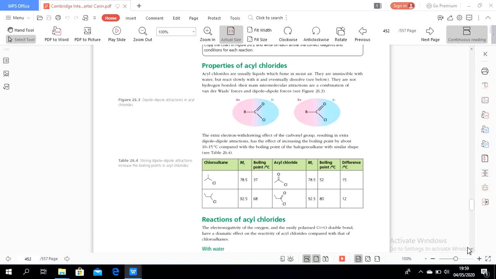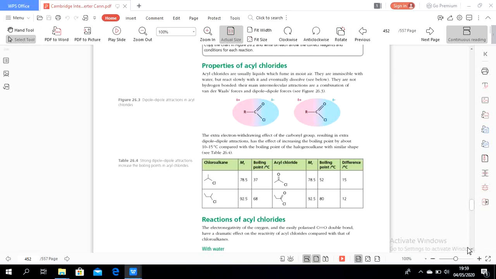They are immiscible with water. If it is immiscible, it means it is non-polar, but it reacts slowly with water and eventually dissolves. So in the beginning it looks non-polar, but the polarity rises up.